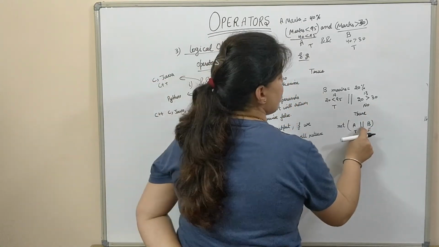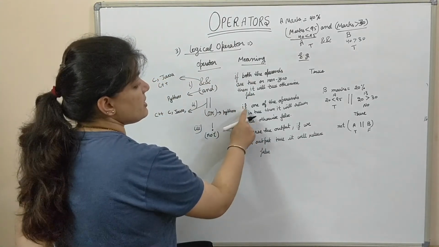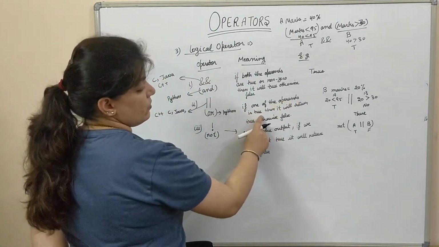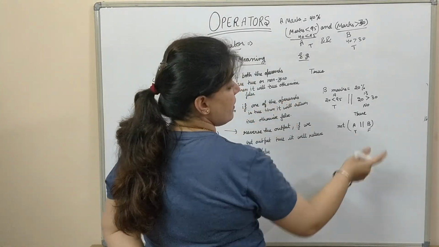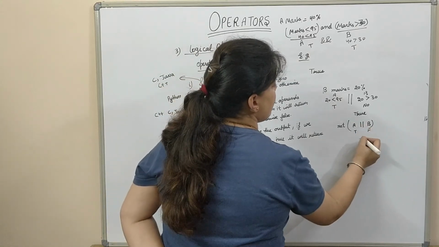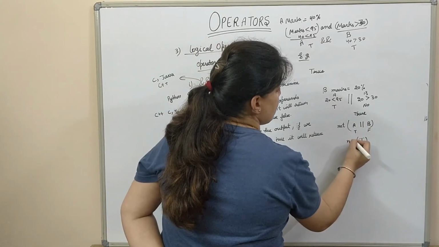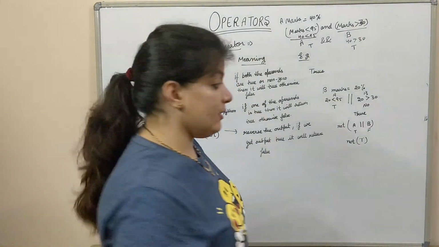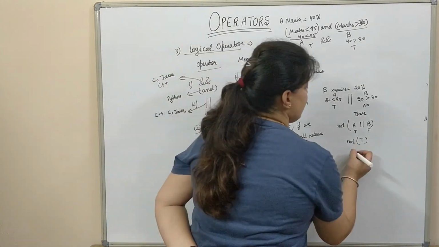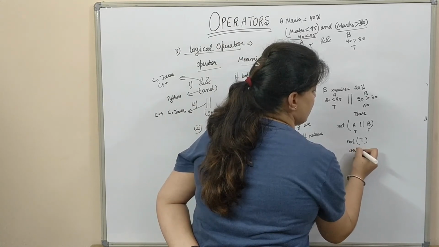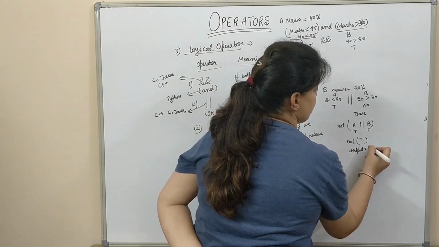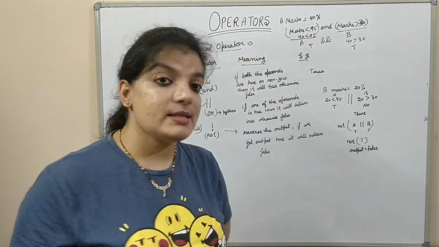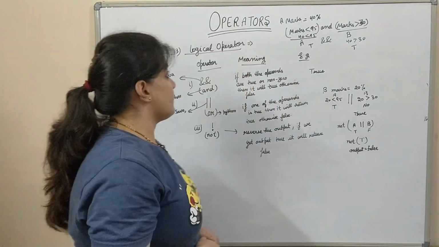So when we have OR operator, what is the meaning of this? If one of the operands is true and the other is false, it will return true. Now not. Not means just used to reverse the value. If we have true, the output will be false. But if we have false, it will return true.